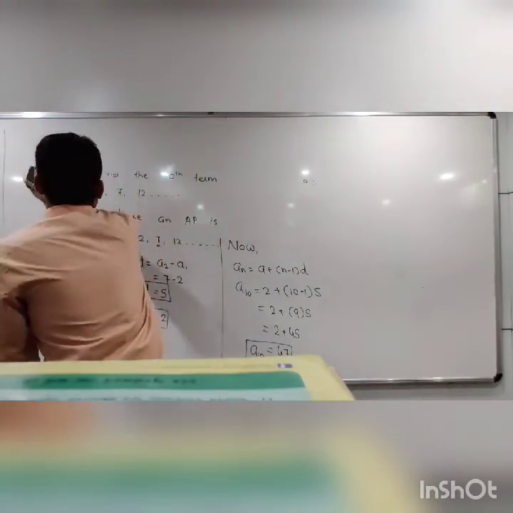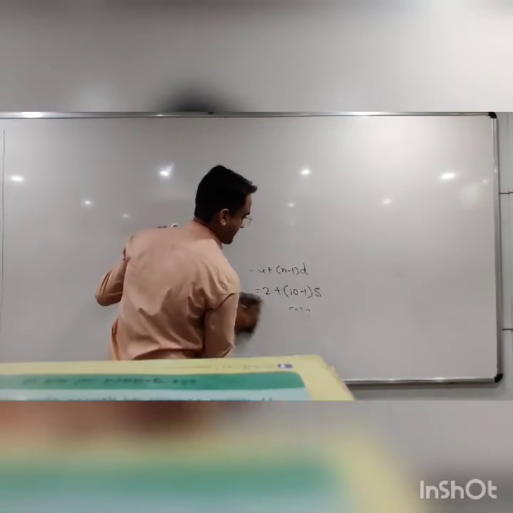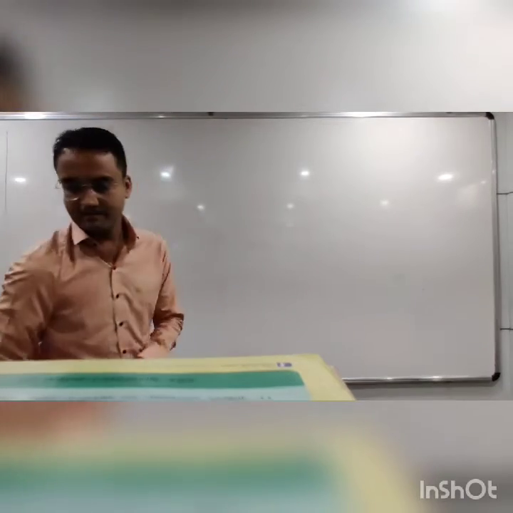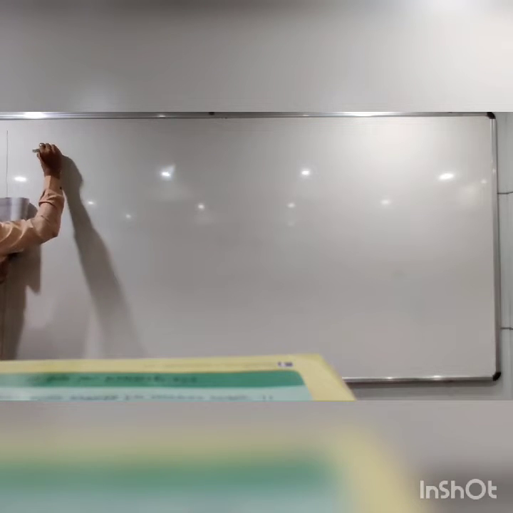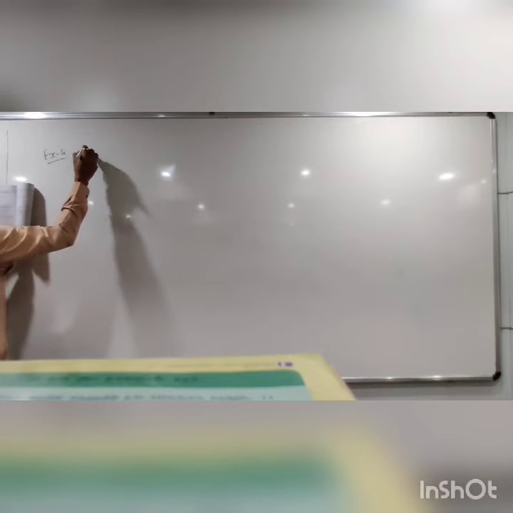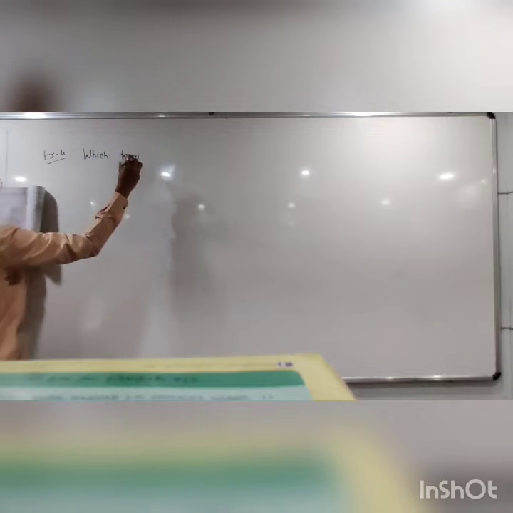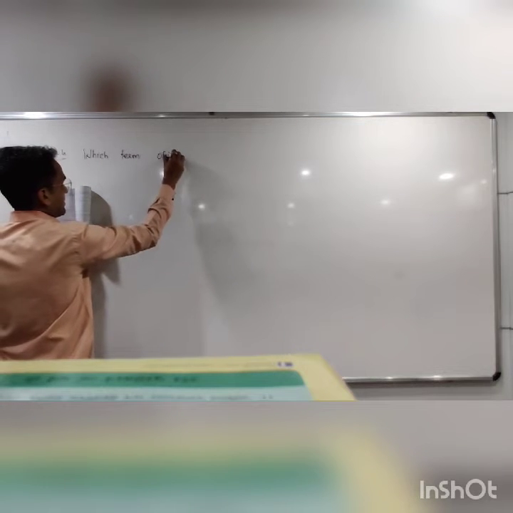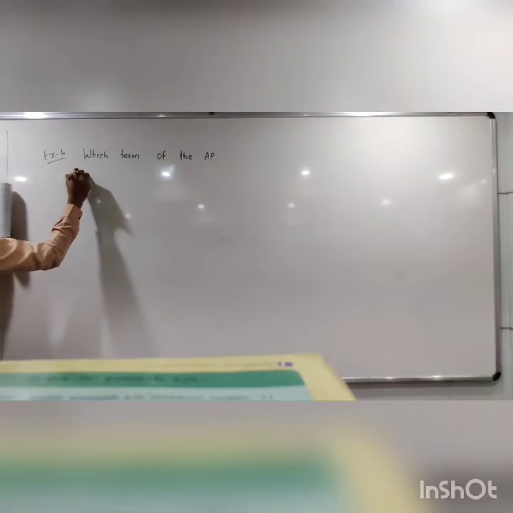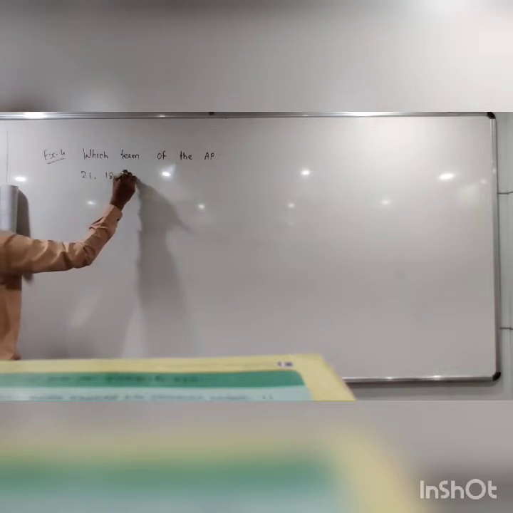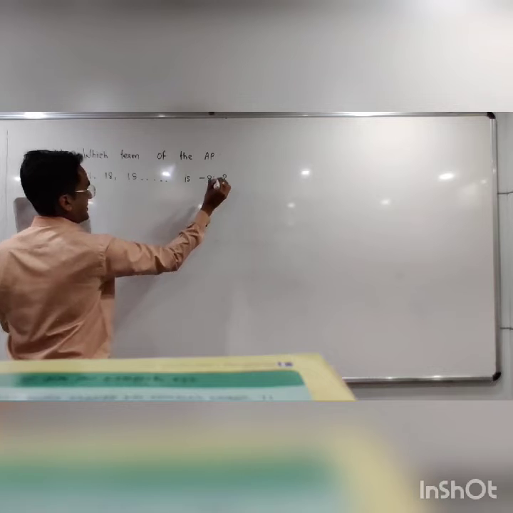Now with example 4. For example 4, which term of the AP 21, 18, 15 is minus 81?